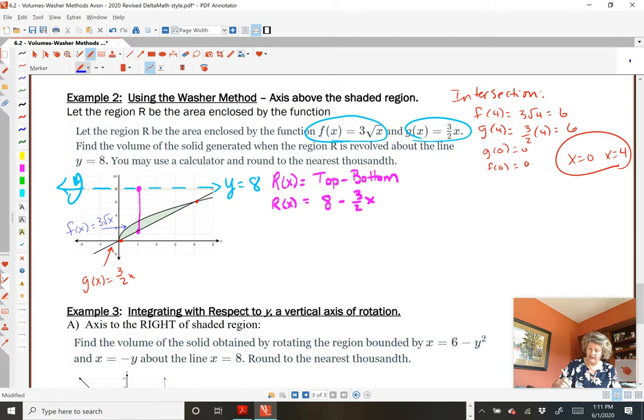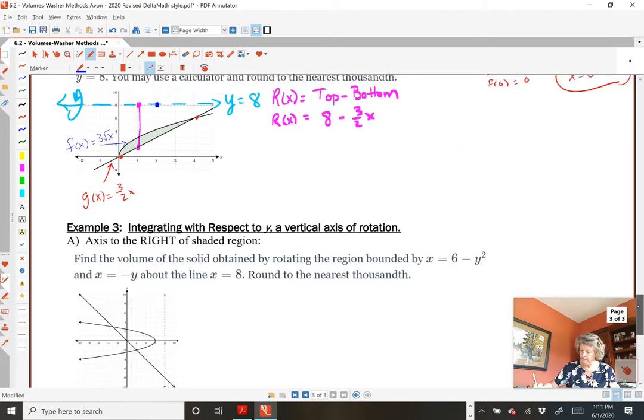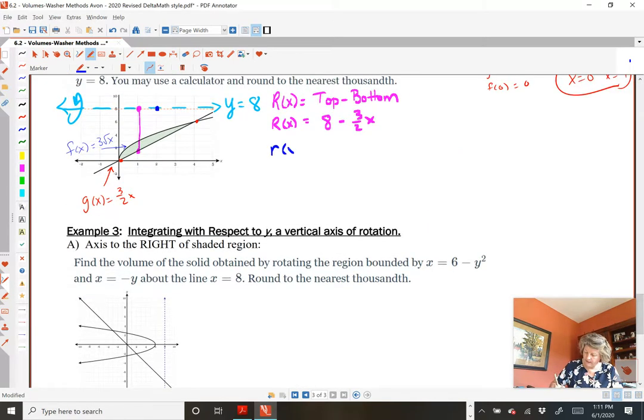Then let's go find little r. I'm going to start at the top again. Little r of x, once again, top minus bottom. And that's going to be 8 minus, well, it'll extend to the inner curve to get the small radius.